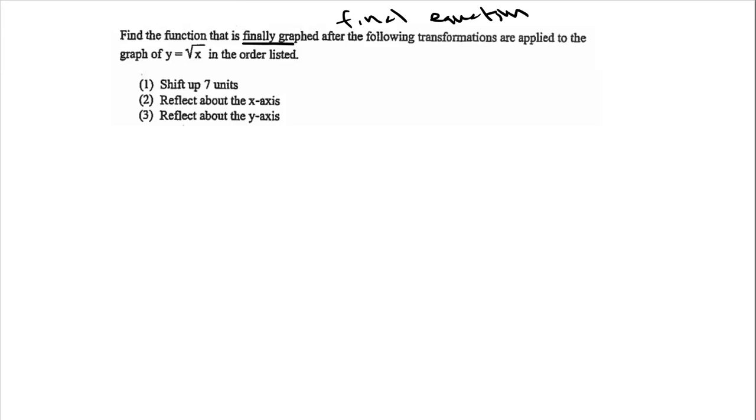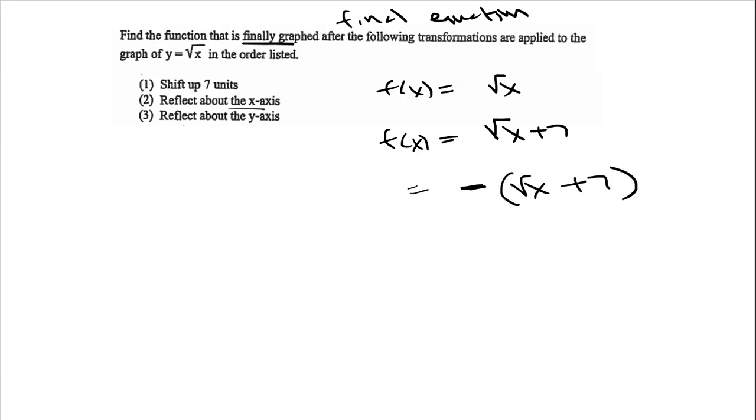So in this case, I'm going to start with f of x is equal to square root of x. And then I want to shift up 7 units, so that's going to be square root of x plus 7. And then I'm going to keep whatever I had on the first step. The next step says I want to reflect about the x-axis. So that means we're just going to put a negative in front of that whole function.